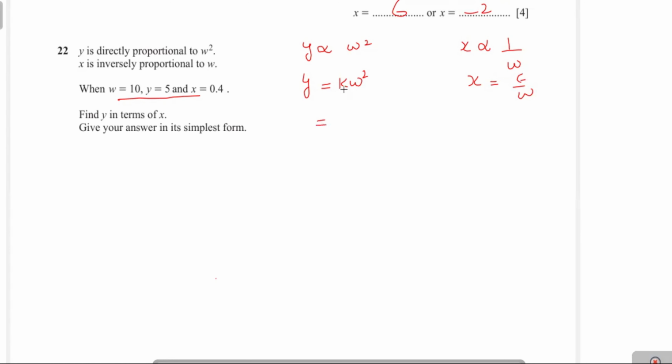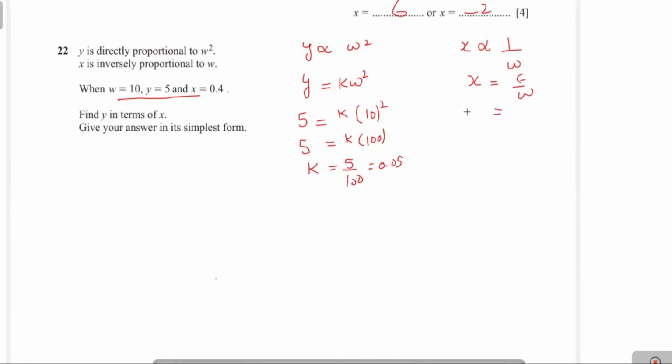Now we can find the value of k by substituting these values. Therefore y is 10, then the w square is 10 square. Now we write it as 100k equal to 5. Therefore k will be equal to 5 over 100, and this value is equal to 0.05.